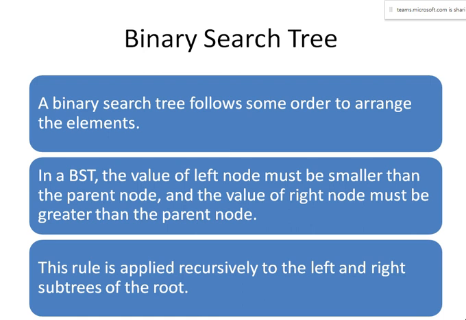So every time we look at a binary search tree, you have to see that the value of the left node is smaller than the parent node, and the value of the right node is always greater than the parent node, that is the root node. And this rule is recursively applied as you traverse in the binary search tree.